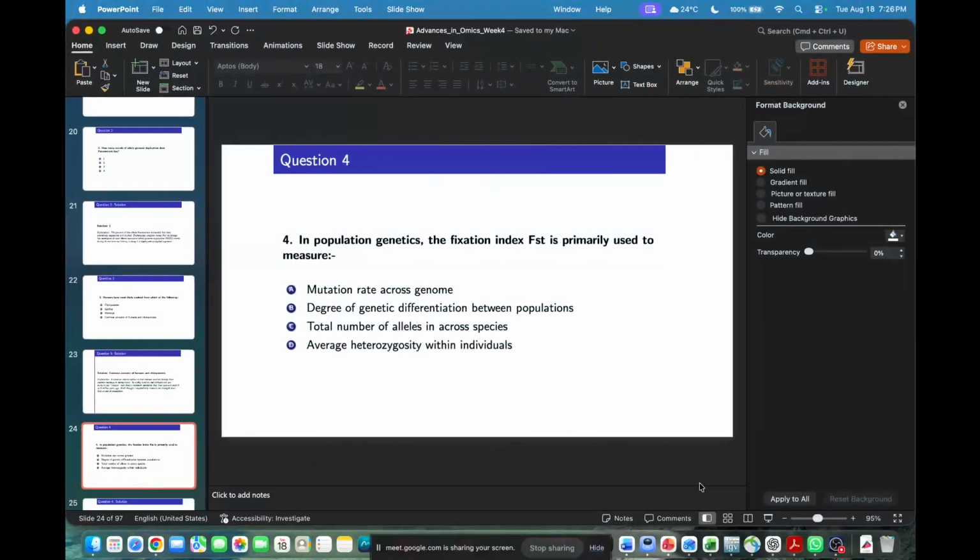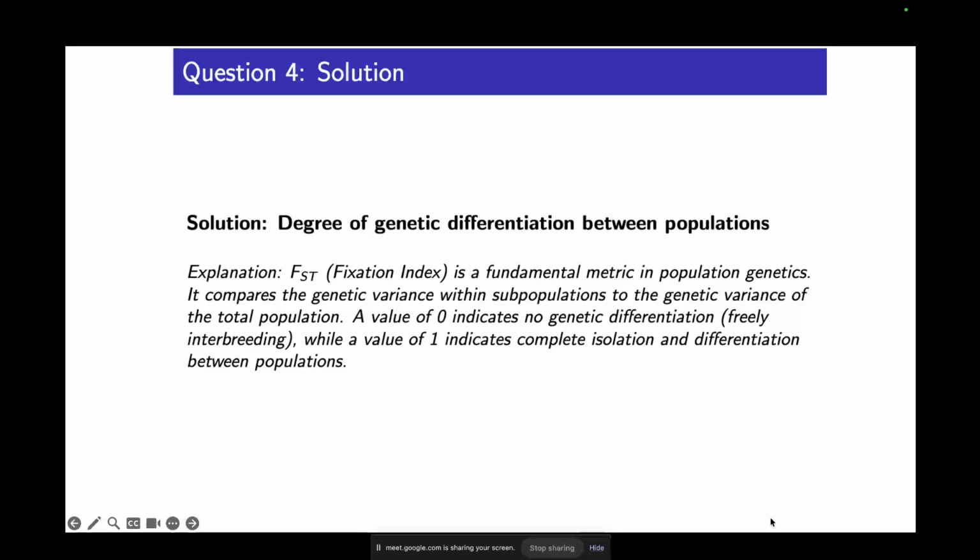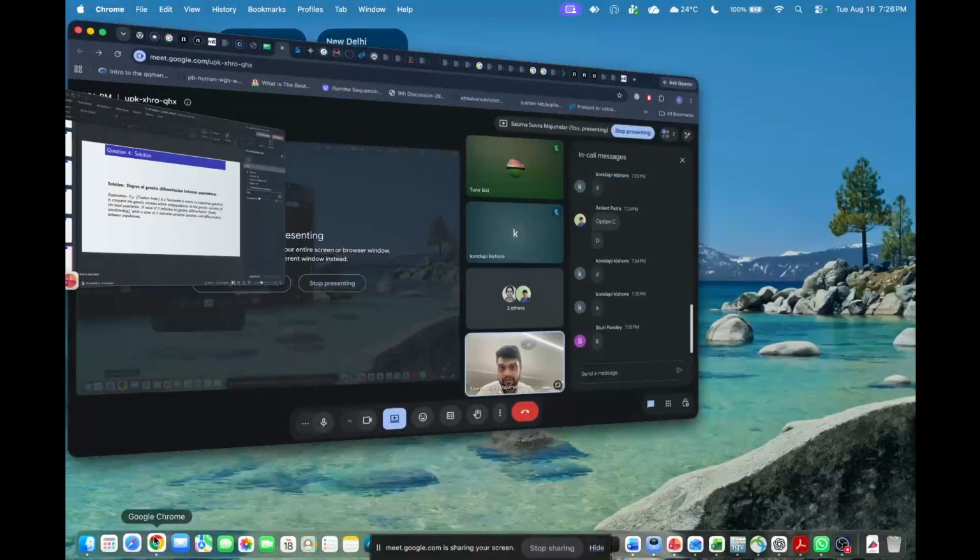The answer is B. It's not mutation rate. It's calculated with respect to the mutation rate, but it is not exactly the mutation rate. So I'll just quickly show you.